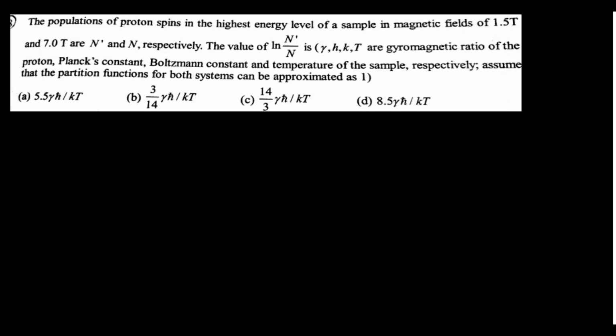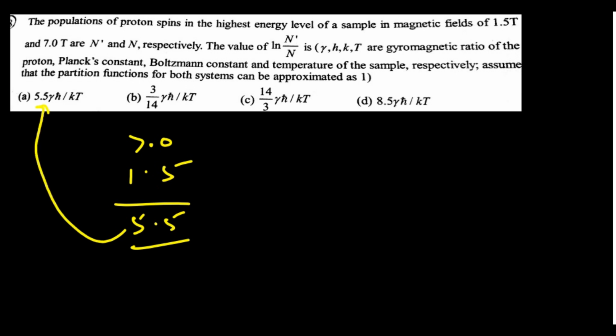Very quickly you can take the difference of 7.0 and 1.5, and it gives 5.5. This 5.5 is there only in one option, so you can blindly mark option A as the correct answer, and yes, option A is correct. This is how easy the question is.